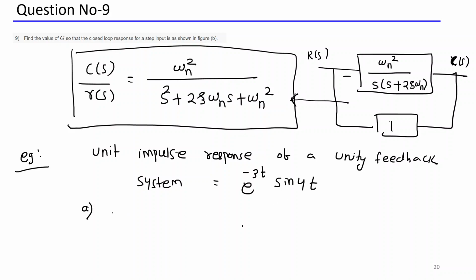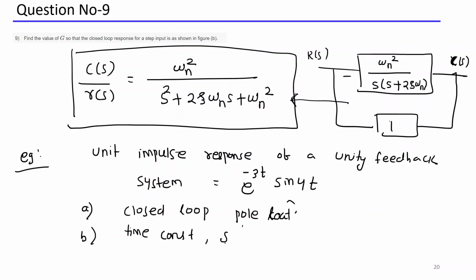First question: find the closed loop pole location. Second: what is the time constant? If you know the time constant, then find out the settling time also. Then find the percentage peak overshoot and delay time.